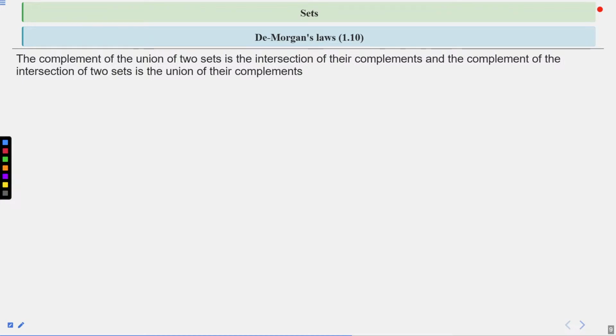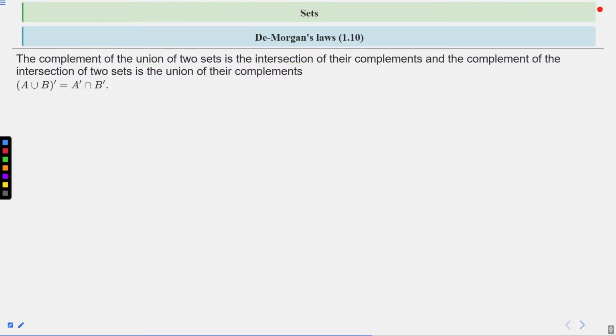So this previous example exhibits an interesting thing. What thing? The complement of the union of two sets is the intersection of their complements, and the complement of the intersection of two sets is the union of their complements.